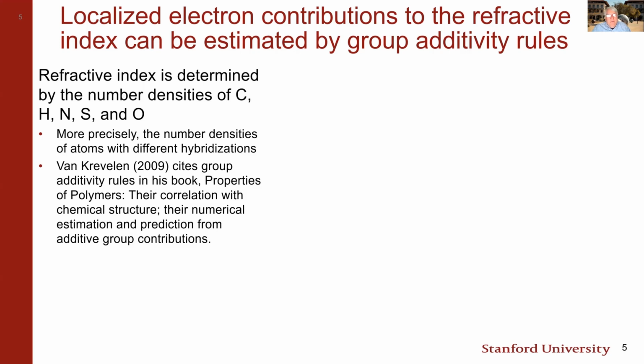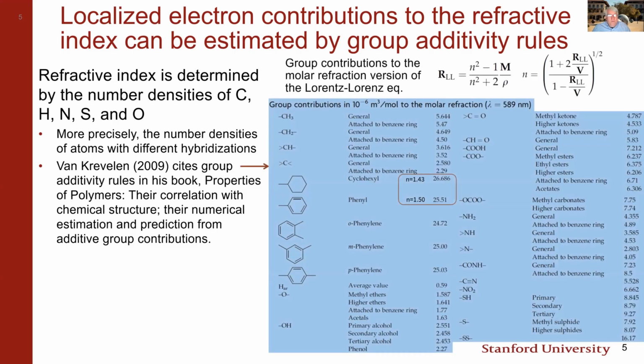And you can break down the polarizability of any given molecule into the polarizability of its individual atoms. The polarizability of those atoms will depend on their hybridization and bonding configuration. So Van Krevelen shows all these group terms that you add together to get the polarizability or the molar refraction.